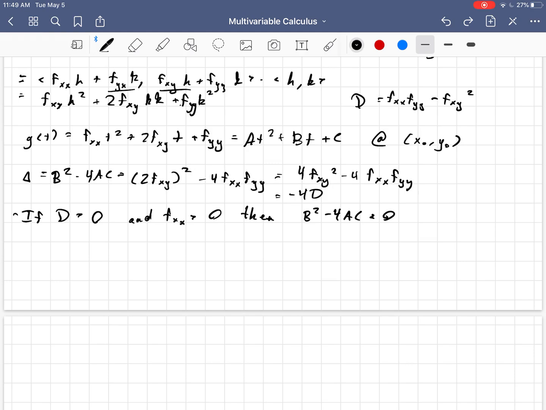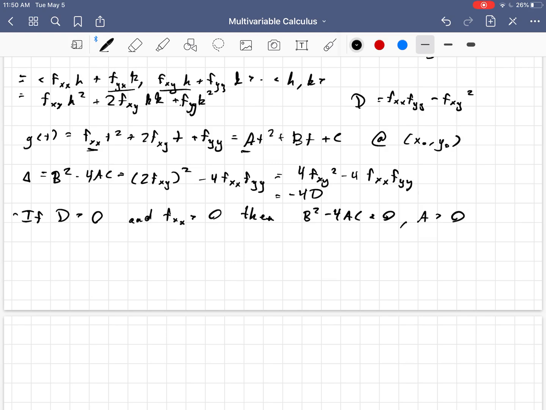And f sub xx being greater than 0 means that our coefficient a in our pseudo-quadratic is also greater than 0, which is what we're assuming.